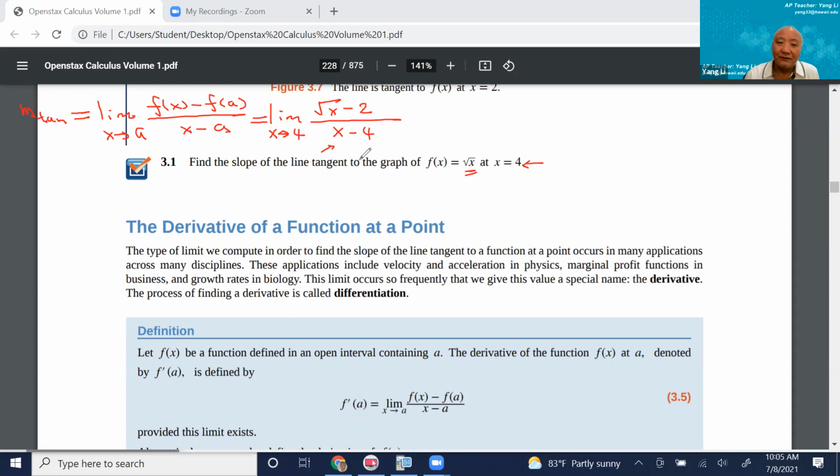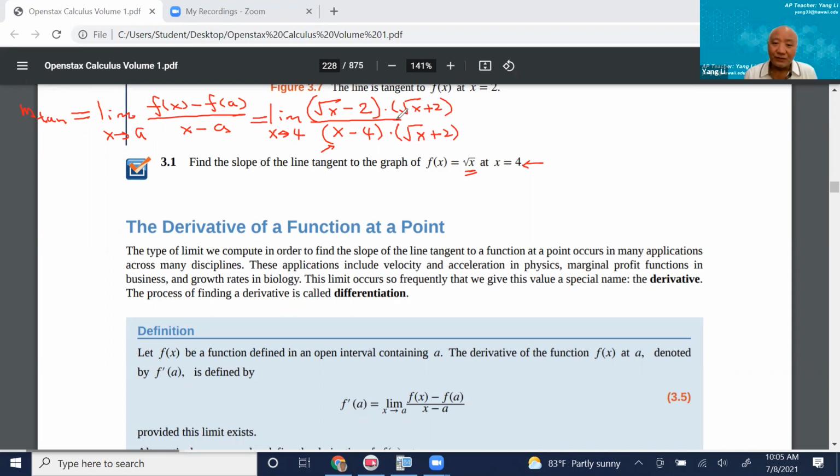So here you can see that we need to use a lot of strategies and skills with the basic math part. In a previous chapter, we learned about finding limits, and here we're going to use that. We times by what? We times this one, square root of x plus 2. And if you times this one to the denominator, you need to times this one to the numerator, like this, right?